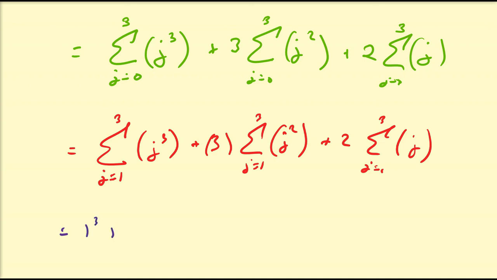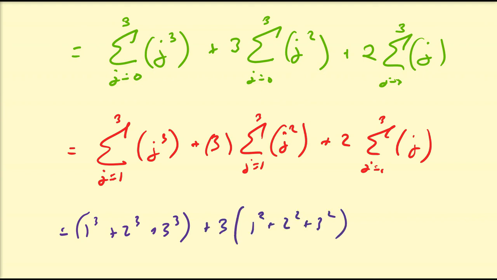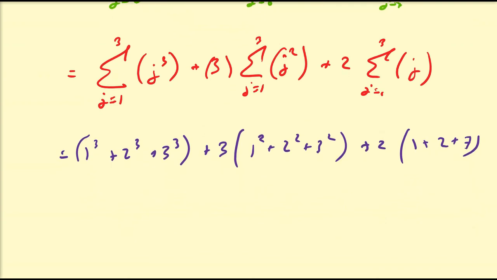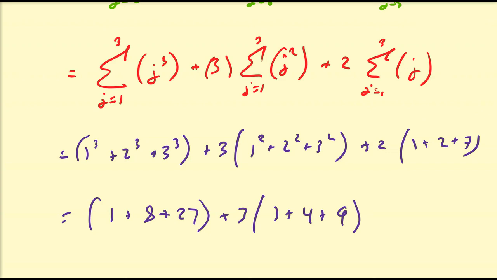So this is going to be 1 cubed plus 2 cubed plus 3 cubed in the first term, plus 3 times 1 squared plus 2 squared plus 3 squared in the second term, plus 2 times 1 plus 2 plus 3 in the third term. So this is going to be equal to 1 plus 8 plus, so 3 times 3 is 9 times 3 is 27, plus 3 times 1 plus 4 plus 9, plus 2 times 1 plus 2 is 3 plus 3 is 6.